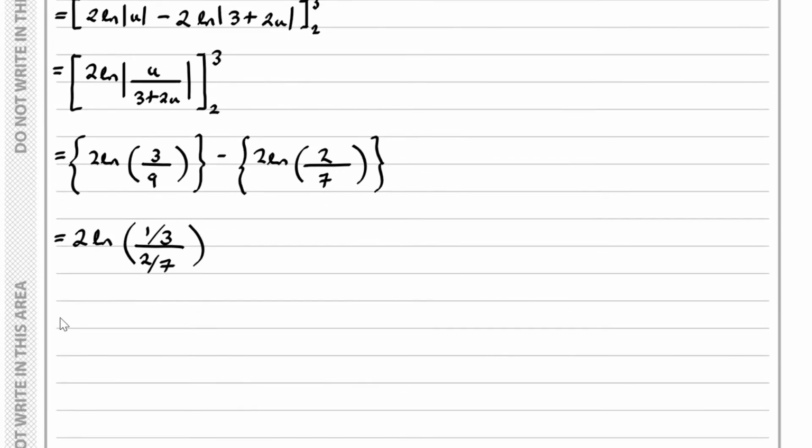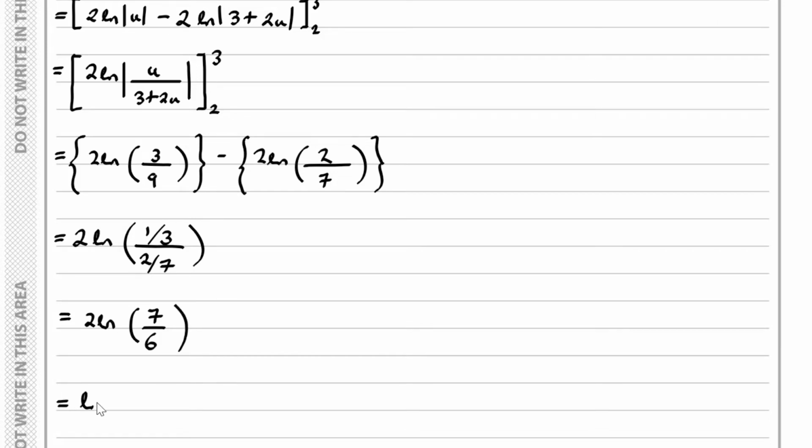And we can tidy this up even more. So we have 2 times the natural log of 7 over 6. Okay, so let's just write this up neatly. Here we have 2 times the natural log of 7 over 6, and then we can power slide the 2.